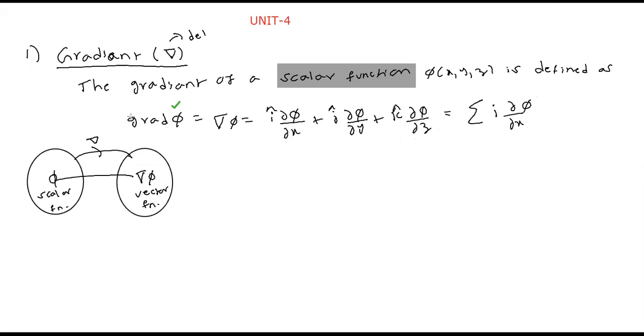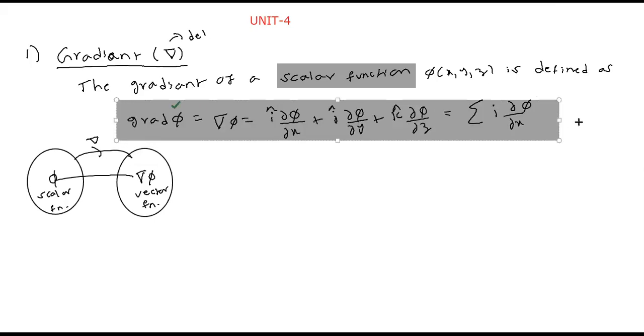Now we'll see an example. Let us take phi equal to x square y z cube minus 3x y square z plus 4x cube y z square.